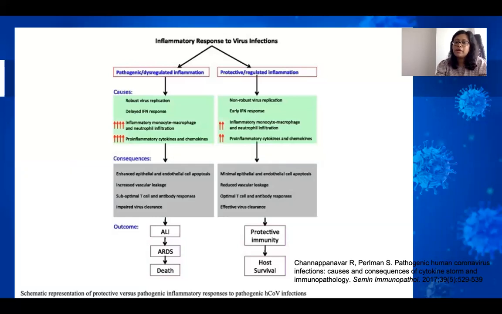And in all this battle against the virus, there's enhanced epithelial and endothelial cell damage, increased vascular leakage, suboptimal antibody responses, impaired viral clearance, acute lung injury with compromise of gas exchange, acute respiratory distress syndrome, and it can sometimes lead to death.